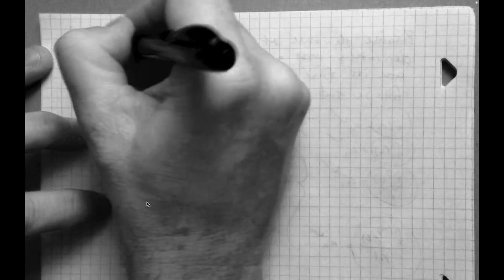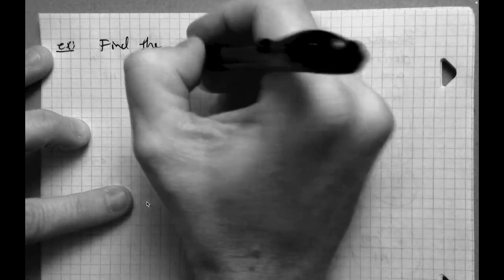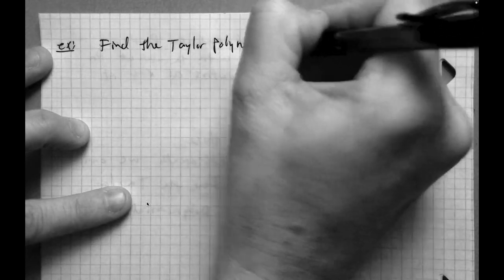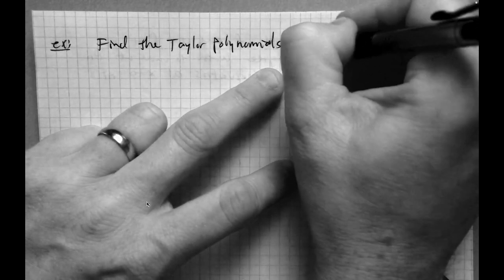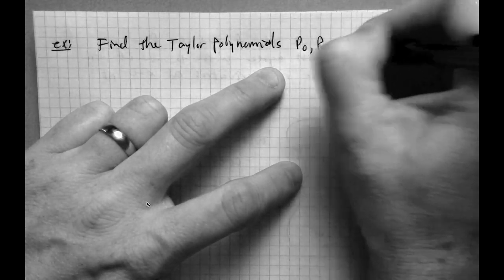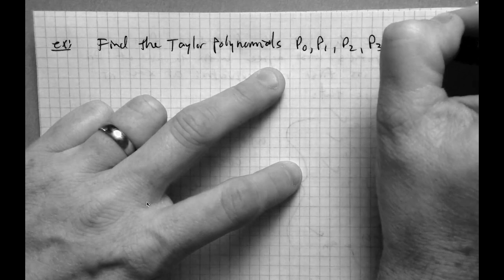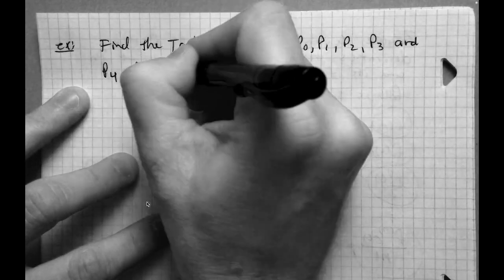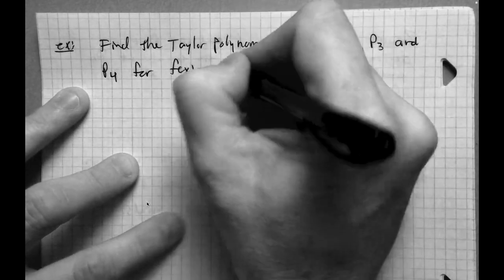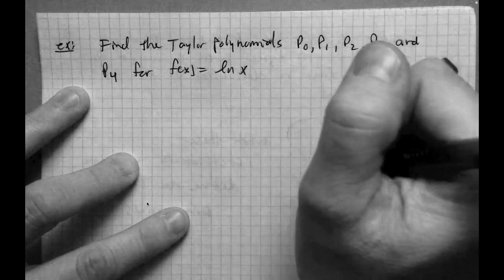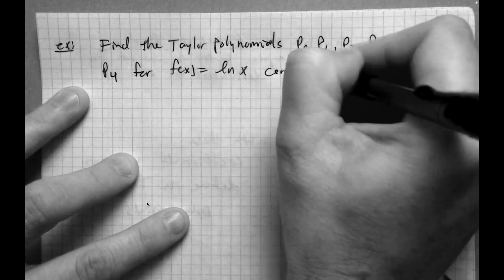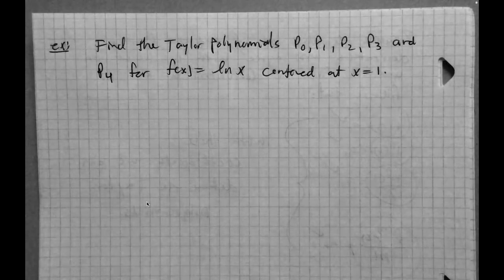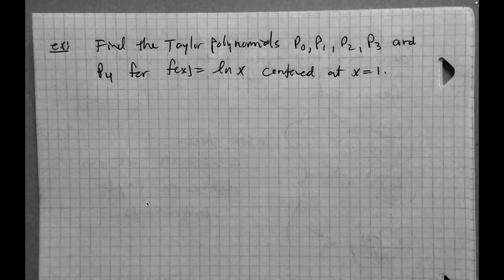Let's find the Taylor polynomials, a few of them, P0, P1, P2, P3, and P4 for a different function, f of x equals the natural log of x, and we'll center it at 1. So no longer centering at 0. Here we're centering at 1, and it's ln x, not e to the x.